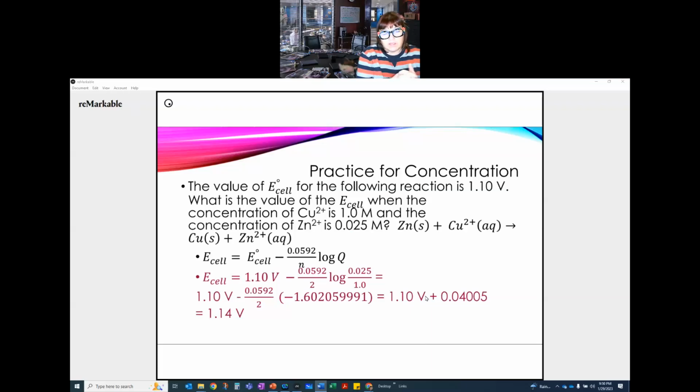So that gives me 1.10 minus 0.0592 over 2 times minus 1.60, which then gives me 1.14 volts.